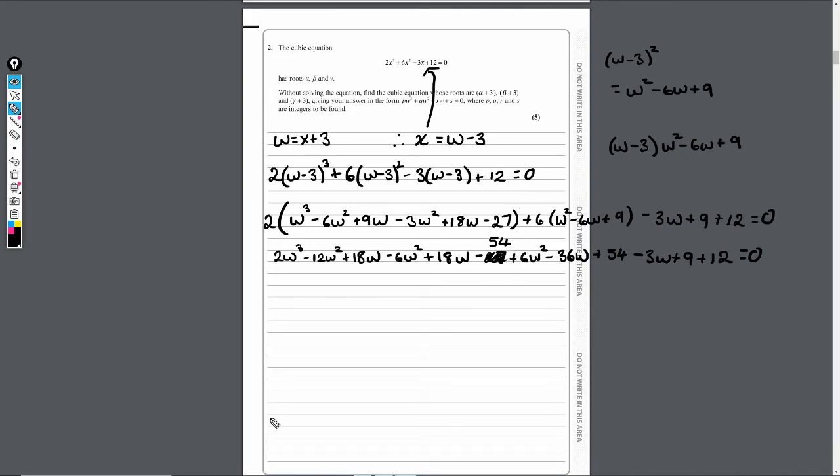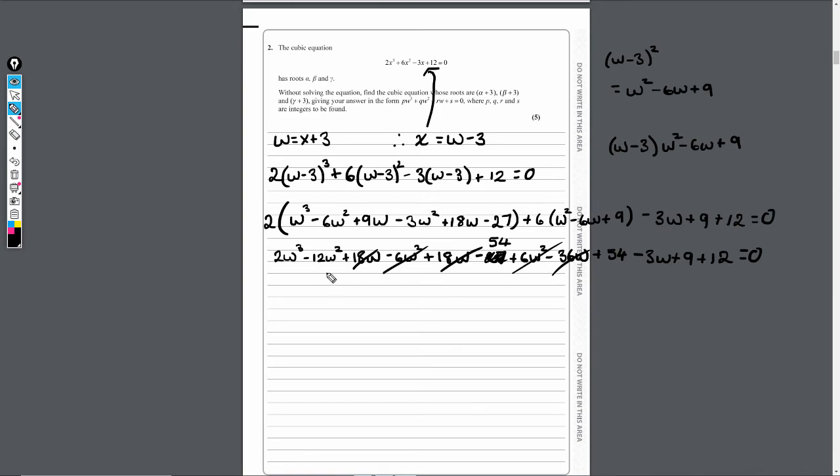So now let's clean this up again. Looking across here, I notice some terms that will just cancel with each other. I've got a minus 6w squared here and a positive 6w squared, so that will cancel with that. I've got 18w here, 18w there, and a minus 36w there, so they will cancel.